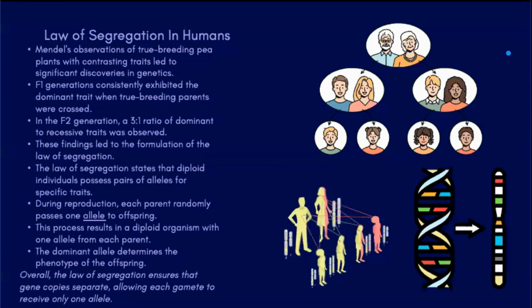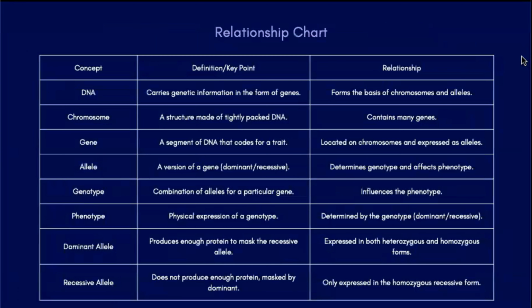So when we begin to review that, we could see that there are certain things that we need to remember in terms of the relationship between DNA all the way down to recessive allele. This chart here really shows the relationship between what we talked about: that DNA is in our chromosomes. Chromosomes formulate our genes. The genes have certain alleles that could be passed on.